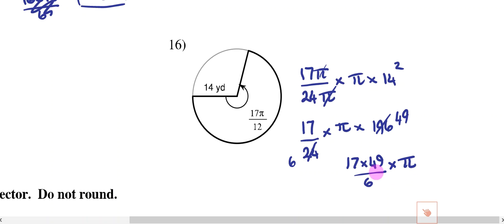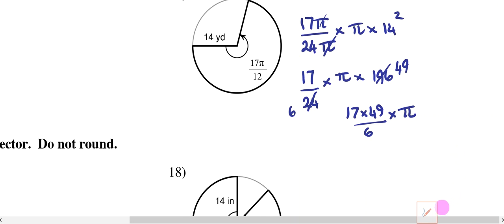Times pi, so let's just do this bit. Any more simplifying happening at this stage? No, 6 doesn't go into 49. 2 prime numbers there. Not pi, that's a square number, but prime number 5. What do we end up with?